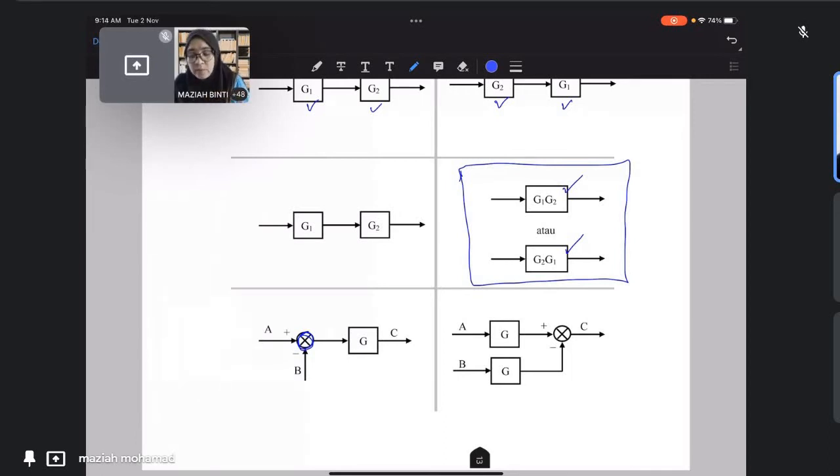Later I will show you the parallel block. Due to the summation point and pickoff point, we cannot solve that. For example, if there is a summation point here, we cannot multiply it. We need to move it first.